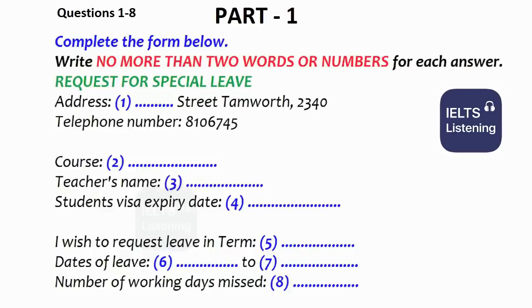Now, can you tell me what are the exact dates? I'd like to be away May 31 to June 4. Okay, I've got that. You'll miss 4 working days between May 31 and June 4. Is that right? Only 3? I'll be away over a weekend. I'll be back at my classes on June 5, so that's 3 days away.